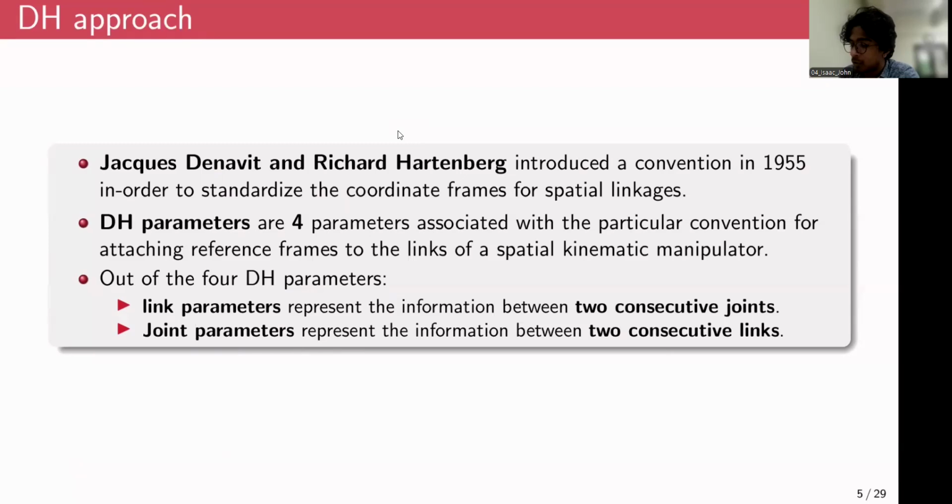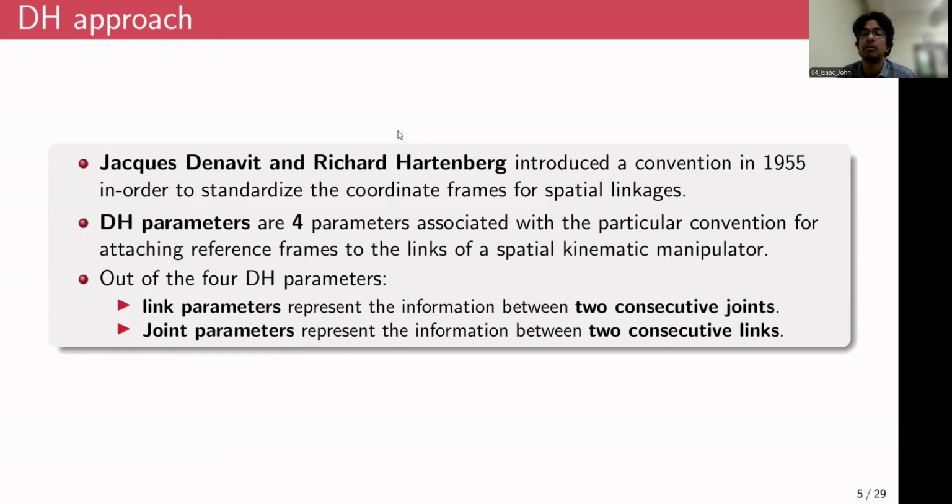This DH approach was proposed by two scientists called Jacques Denavit and Richard Hartenberg. They introduced the convention in 1955 in order to standardize the coordinate frames for spatial linkages. There are several kinds of serial manipulators, with 2 degrees of freedom, with 3 degrees of freedom, all the way up to 6, 7 degrees of freedom, and they have different kinds of motion, right?